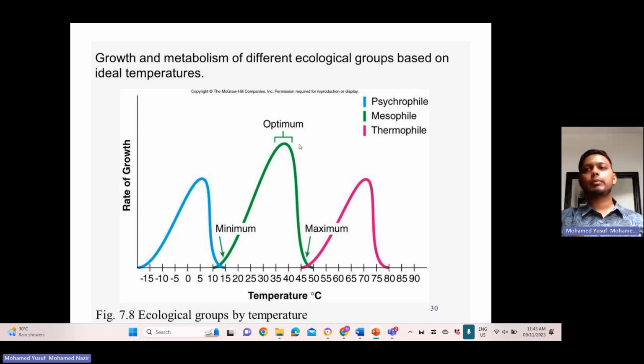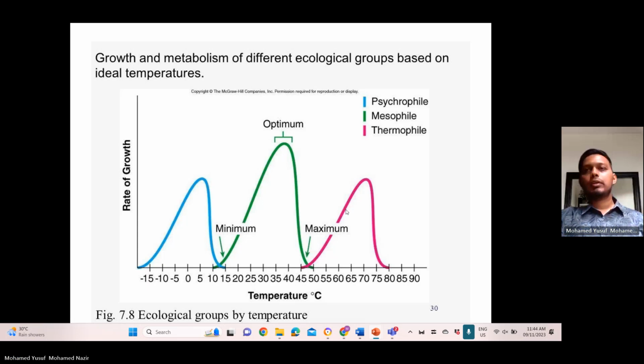The optimal temperature for microbes to grow is normally around 10 to 45 degrees, which is the ambient room temperature, and the optimum will be around 25 to 40 degrees. The microbes that are able to grow in this range of temperature, we call mesophiles, and there are also extremophiles that can grow at hot temperatures, which we call thermophiles.